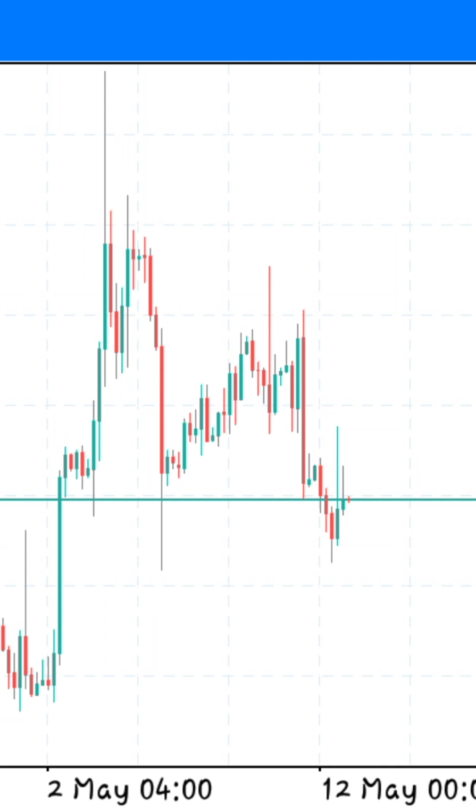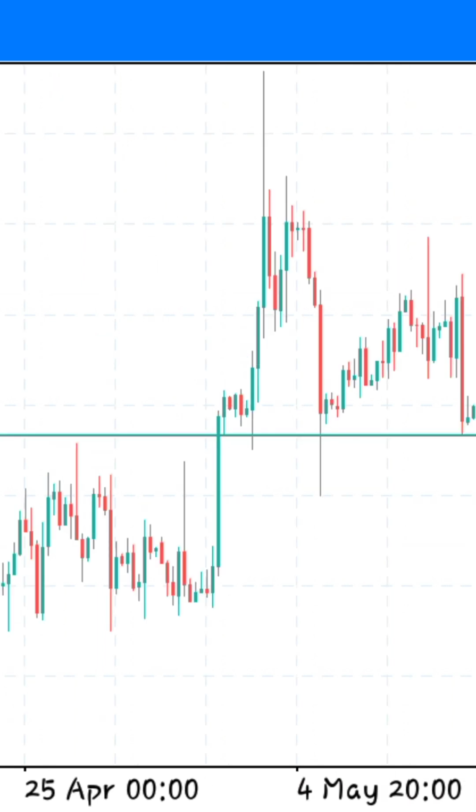Okay, now I've been sending signals. So many of my people from my signal group are asking me, please teach me your shadow entry pattern.